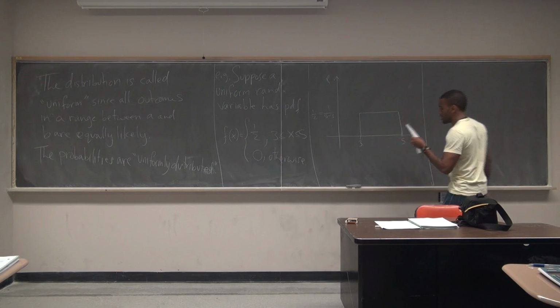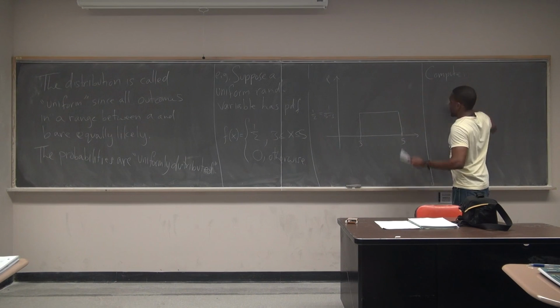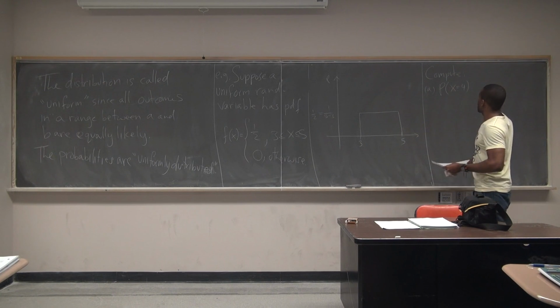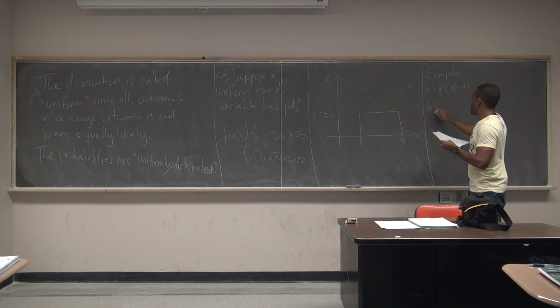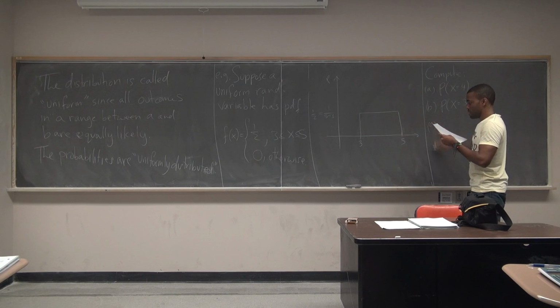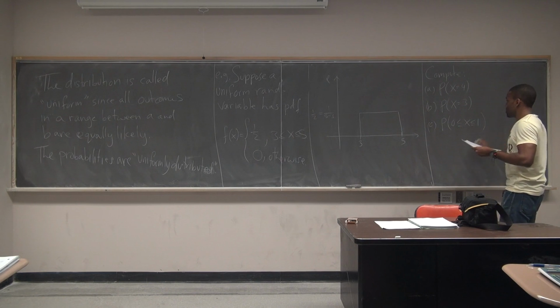Now, here are some questions. Compute: A, the probability that x equals 4. B, the probability that x equals 3. C, the probability that x is between 0 and 1.